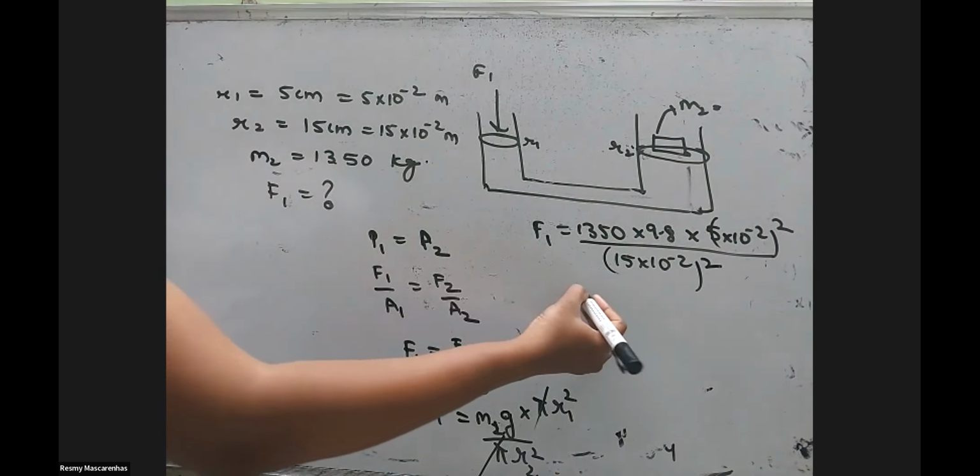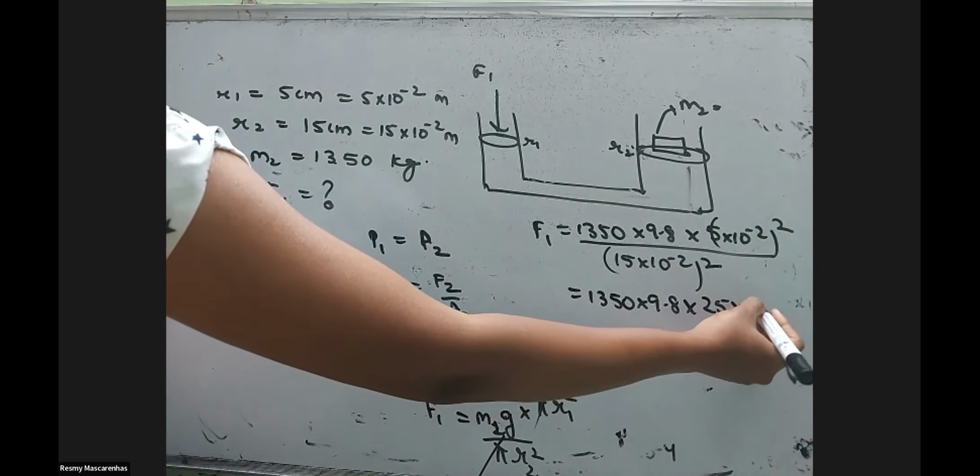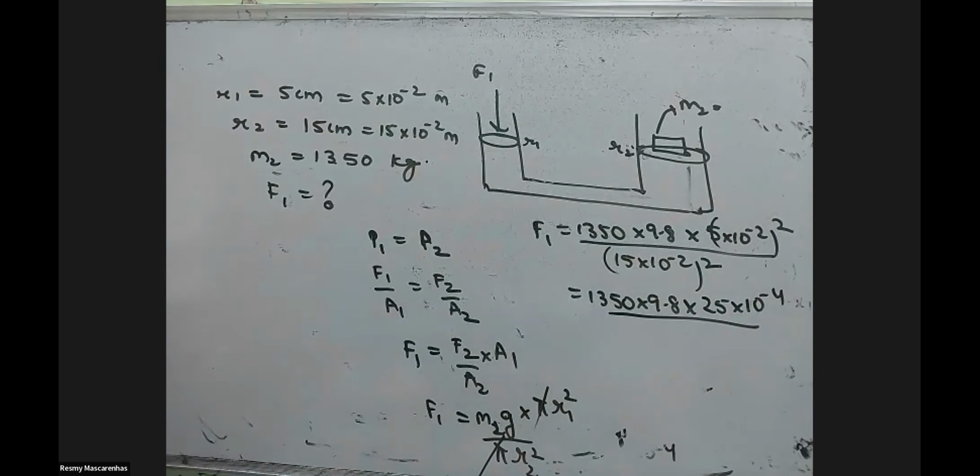So when you open up the bracket, this will be 1350, 9.8, times 25, 10 raised to minus 4, over 15 squared, which is 225.